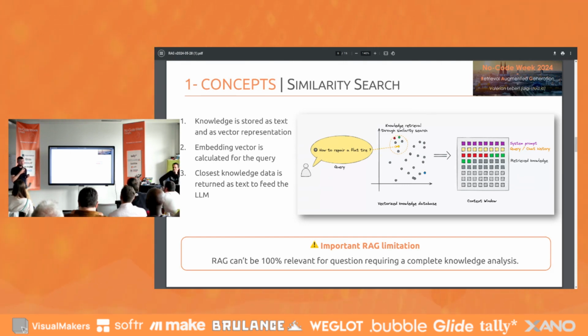If you ask, which is the speediest car, any car has a speed, the embedding will respond with all the cars, and you will choose randomly maybe 10 items to feed to the LLM. You have no guarantee that the LLM will tell you which is the speediest car of the total database. So it's a limit which I discovered in my business case. You can't ask anything to a RAG.